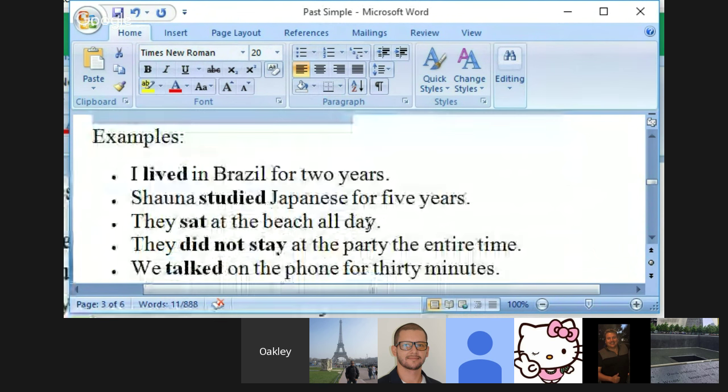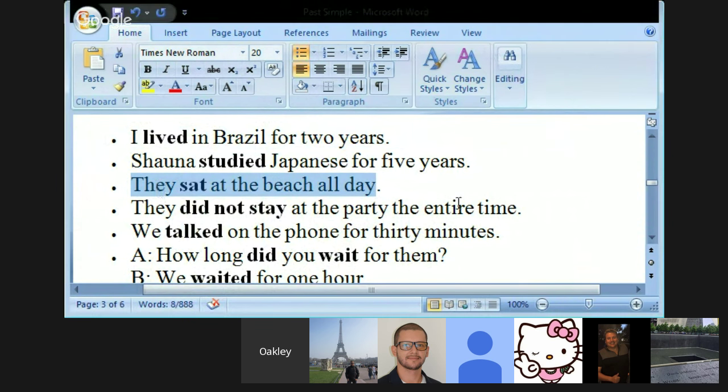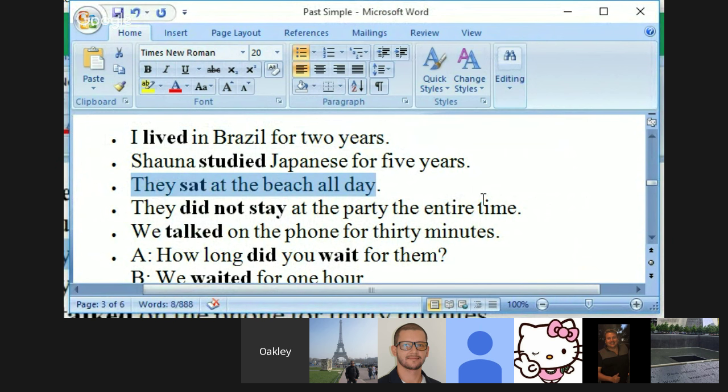So this is also possible. For example, I lived in Brazil for 2 years. They sat at the beach all day. Shauna studied Japanese for 5 years.